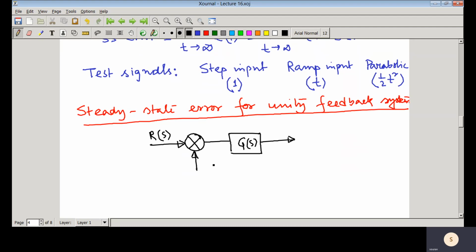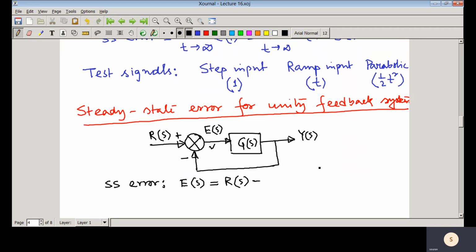Then with unity feedback, with minus and plus here, E(s), the error signal, gives you the steady state error, because E(s), as we have defined, is actually R(s) minus Y(s), where R(s) is the Laplace transform of the reference command and Y(s) is the measured output.